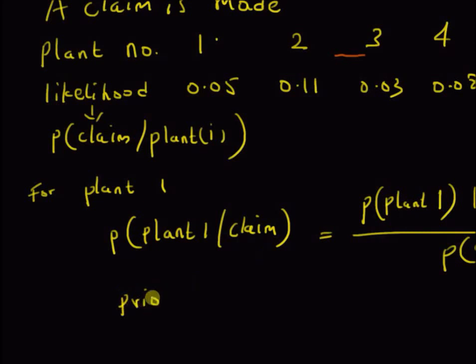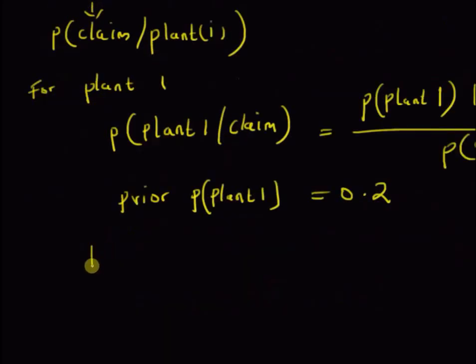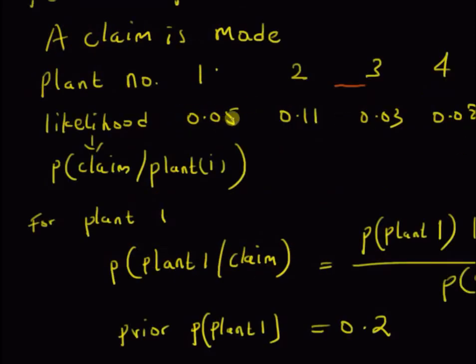That is, the prior probability of plant 1 is 0.2. And then the probability of the claim given plant 1, it is the likelihood information, from this table it is 0.05.